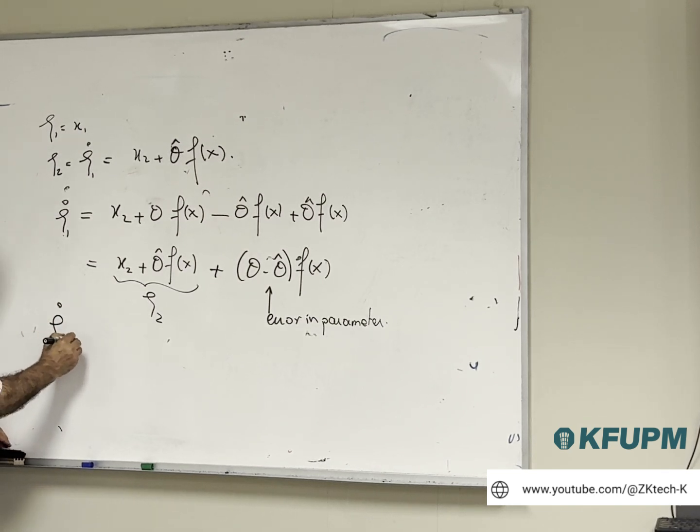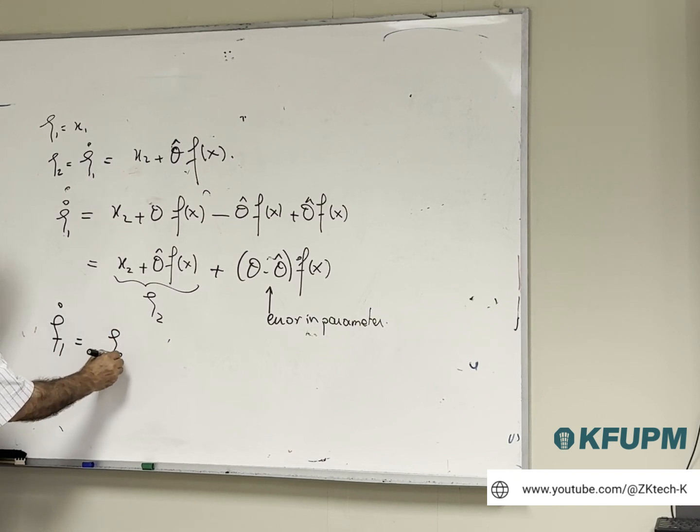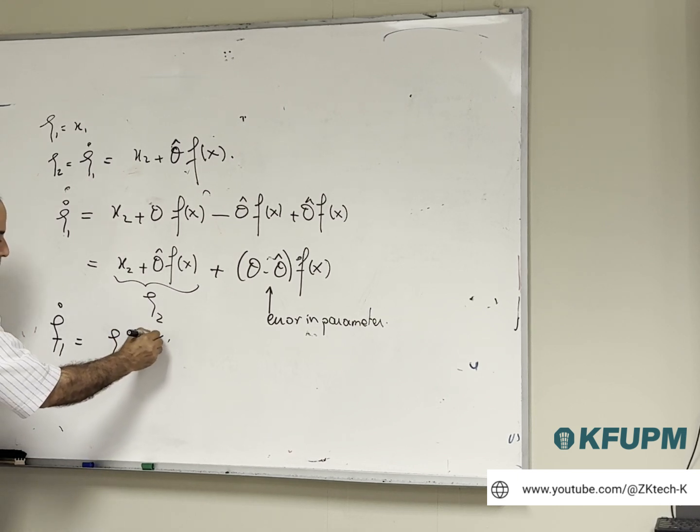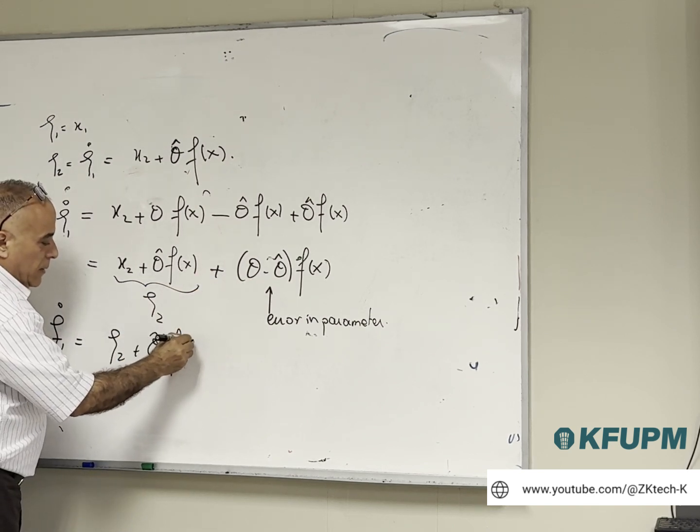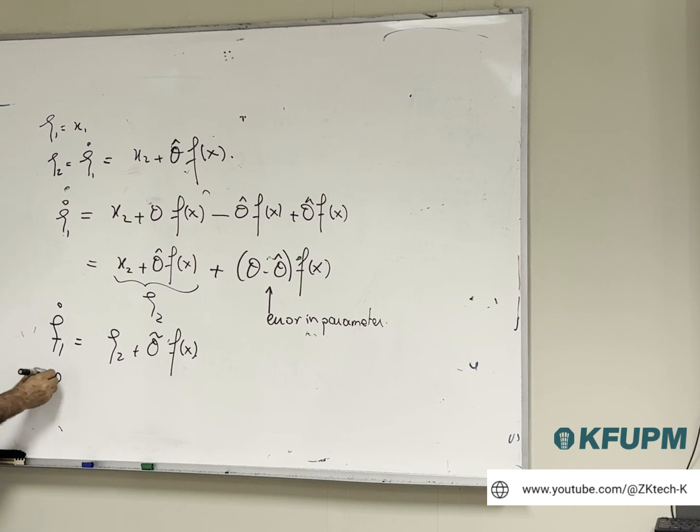Now if I go back to the derivative of zeta 2 prime, let's finalize zeta 1. Zeta 1 prime will be equal to zeta 2 plus theta minus theta hat, the whole thing multiplied by f of x. And here we will have zeta 2 prime.